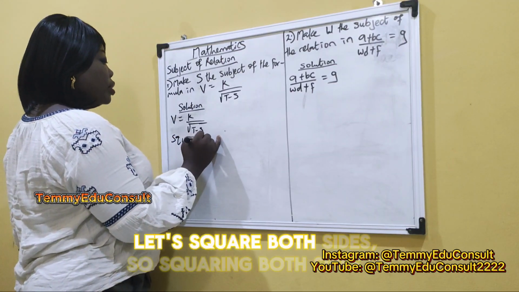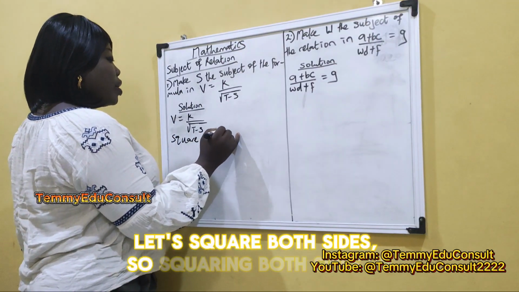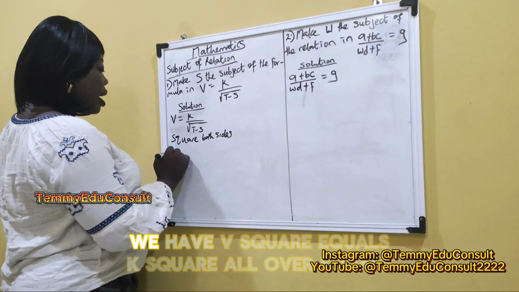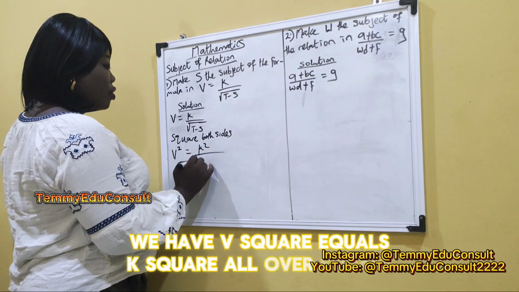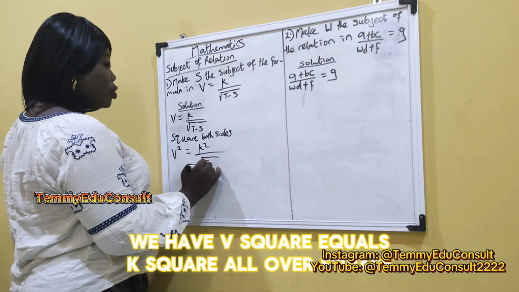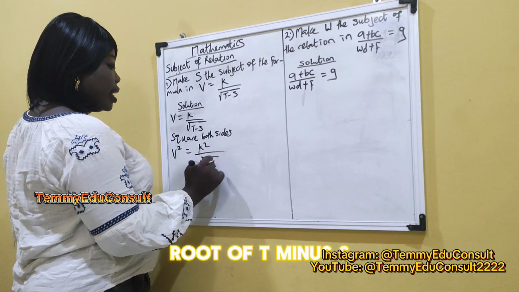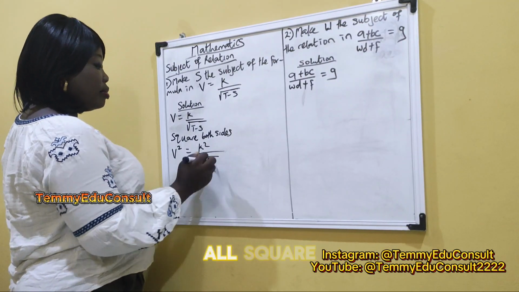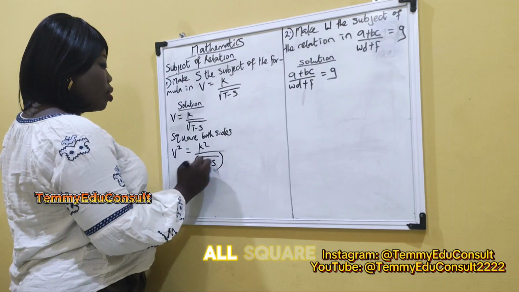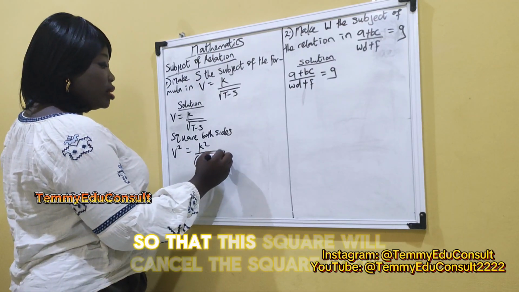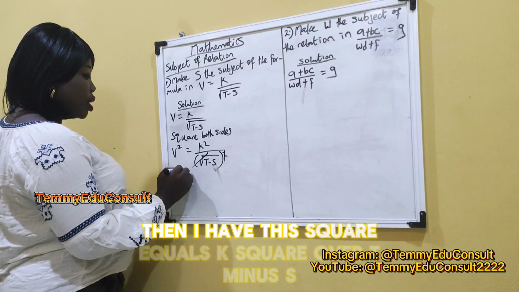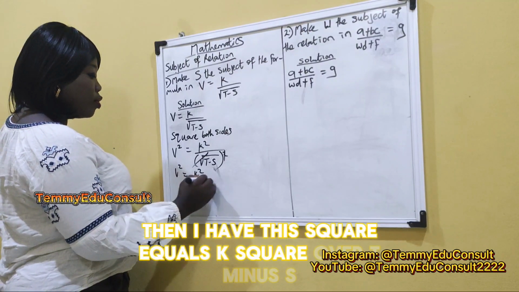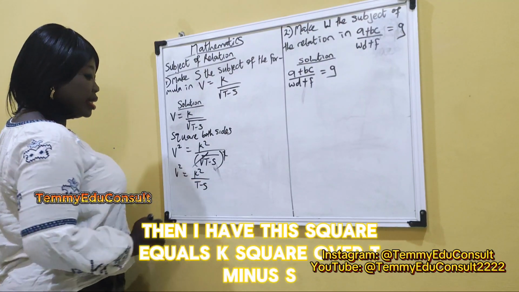Squaring both sides, I will have v squared equals k squared all over the square root of t minus x, all squared, so that this square will cancel this square root. Then I have v squared equals k squared over t minus x.